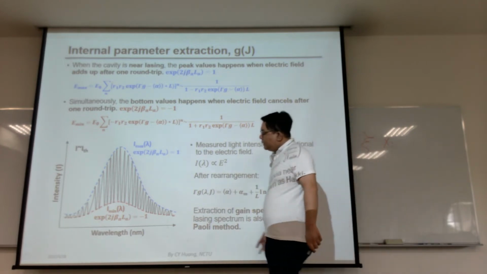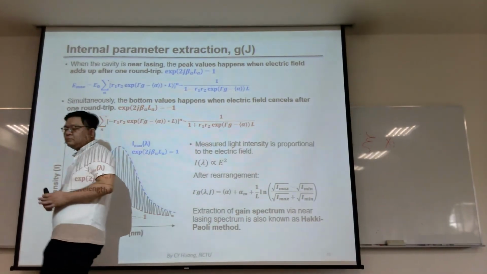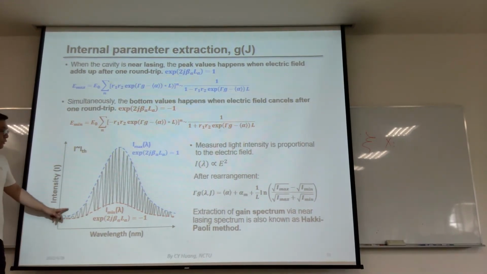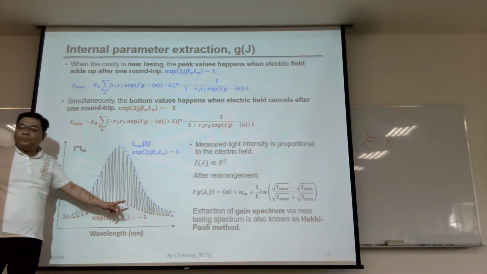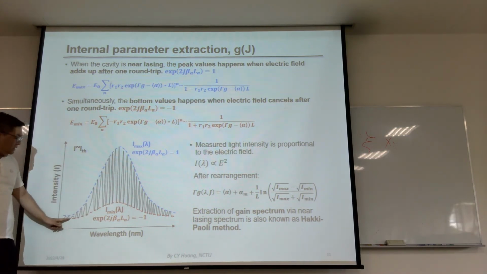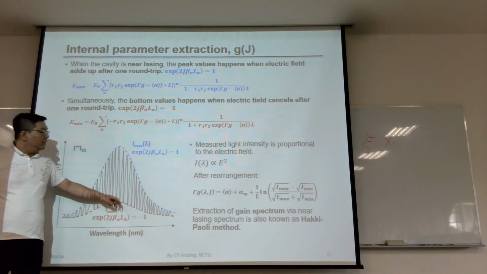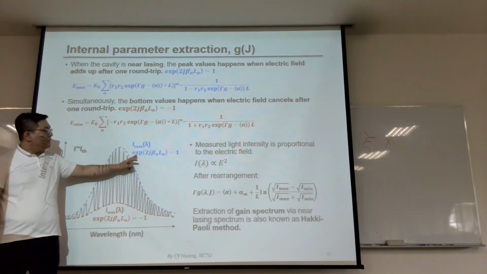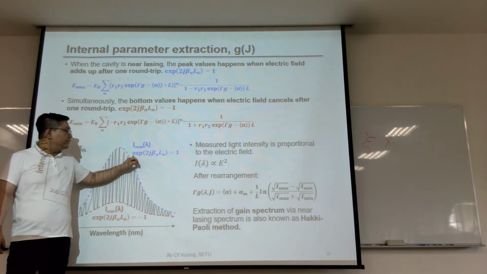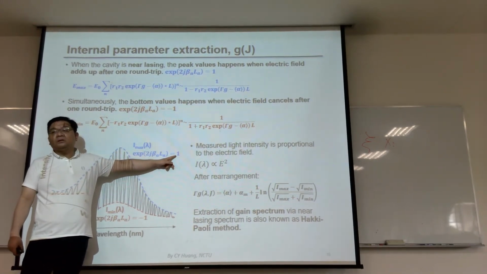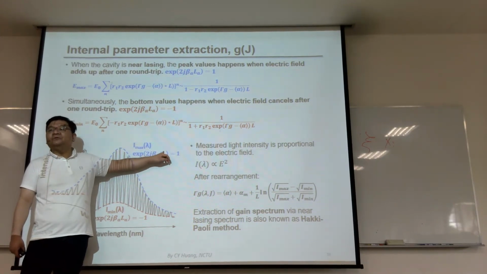Because we know that while the device is nearly lasing, there will be two envelopes, one at the higher side and one at the lower side. For those at the higher side, the round trip exponential 2jβL is equal to 1, so it means constructive interference.